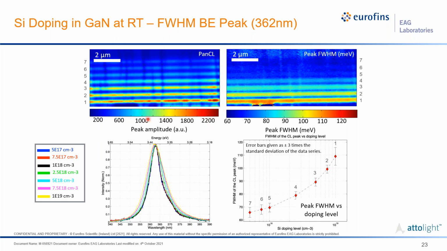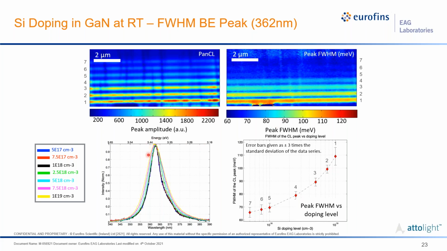On the left here, we have the panchromatic CL signal with this sort of temperature lookup table applied to it, and so the darkest reds are the most intense. Then we can take that data, look at the main band edge peak, and then look at the full width half max, and we can see the whole map of that as well.